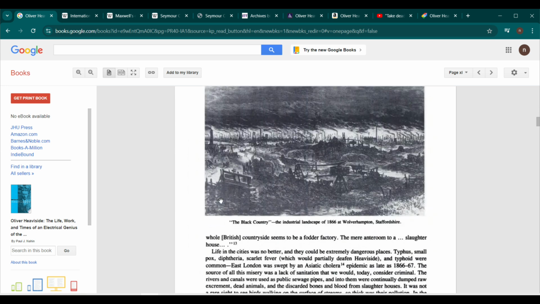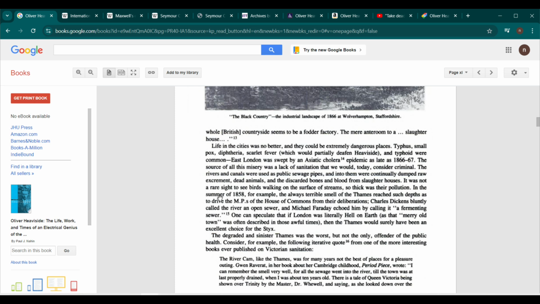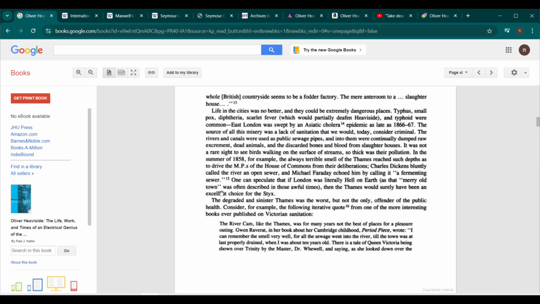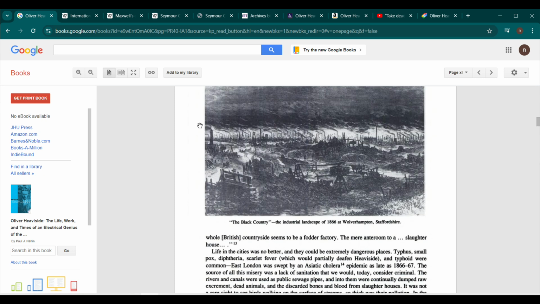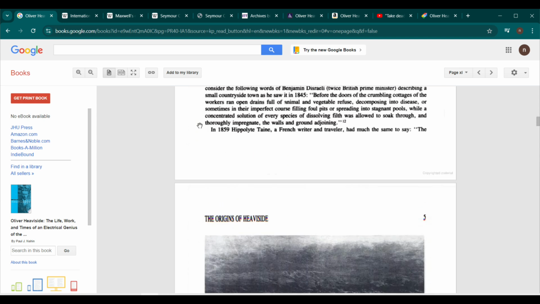Well, I might skip over that. There were some other interesting things I remember reading. The industrial landscape of Wolverhampton, Staffordshire.